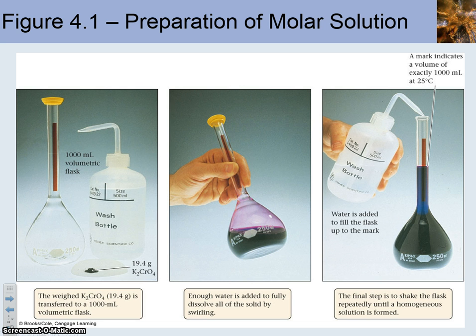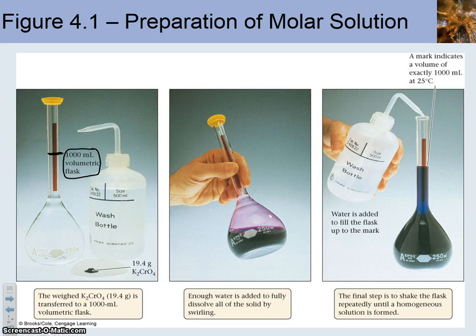It's tough to see, but on the neck there is a line etched in it, and that line represents exactly the volume that's listed on it. So exactly at this line, you have that exact volume of liquid.